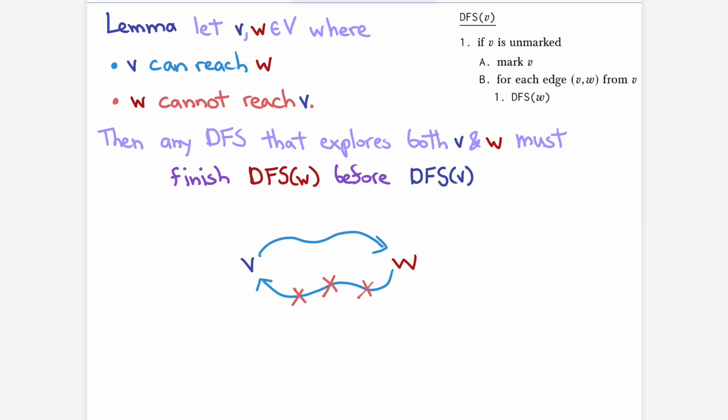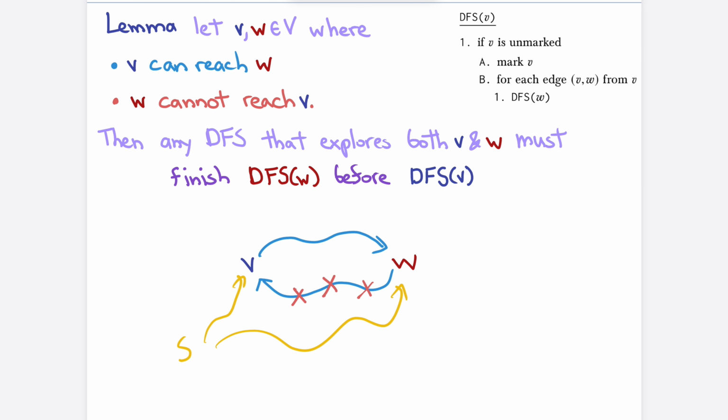If DFS explores both V and W, and this can be non-trivial because your DFS might start somewhere else, visiting V and W along the way, then the claim is that it'll finish DFS on W before it finishes DFS of V.